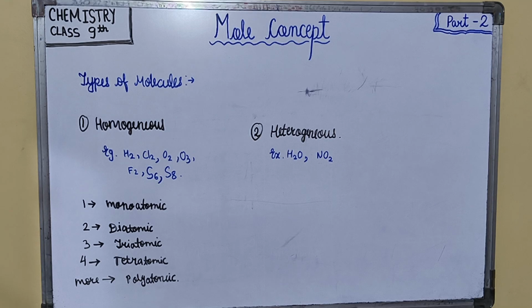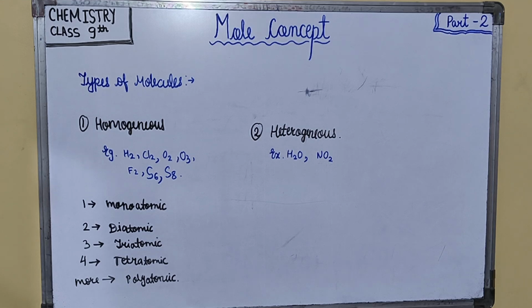Examples of diatomic are Cl2, F2, N2. Example of triatomic is O3. Example of tetraatomic is P4, and examples of polyatomic are S6, S8, C60, and so on. There are many.